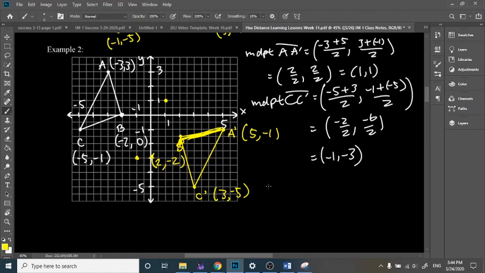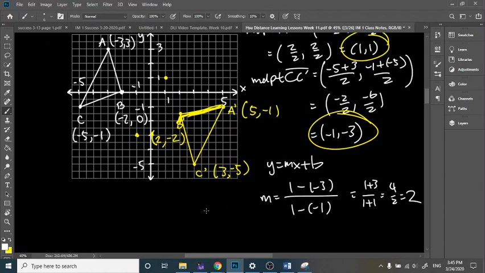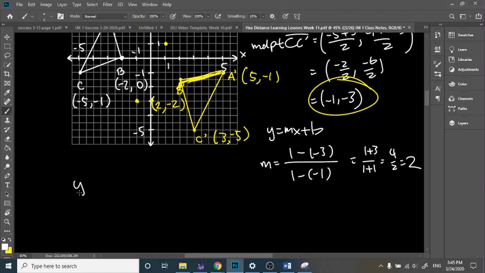But we also want to get the equation of it. So y equals mx plus b. M, let's find that. So we're going to use this and this. Y values, we have 1 minus -3. Then we have 1 minus -1. Let's see. That's 1 plus 3. That's 1 plus 1. 4 over 2 equals 2. So our slope is 2. So y equals 2x plus b.